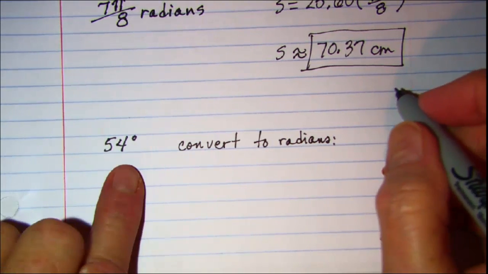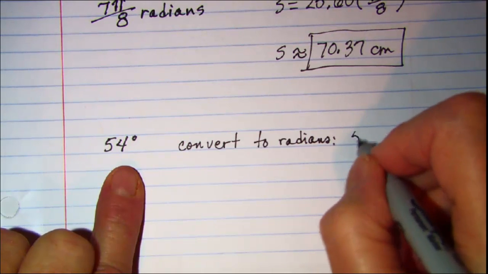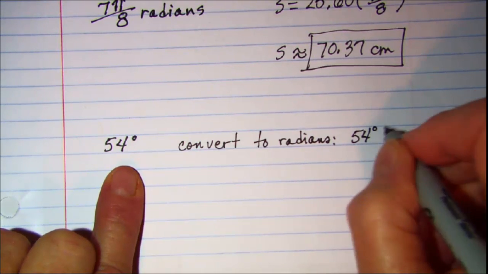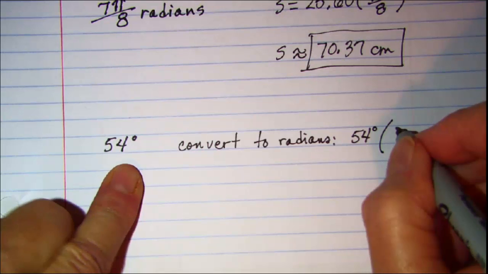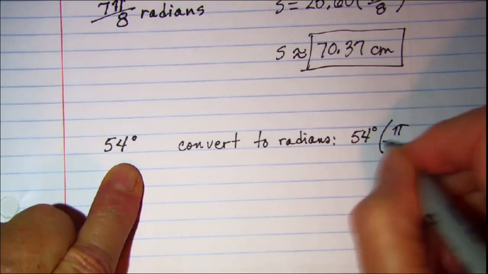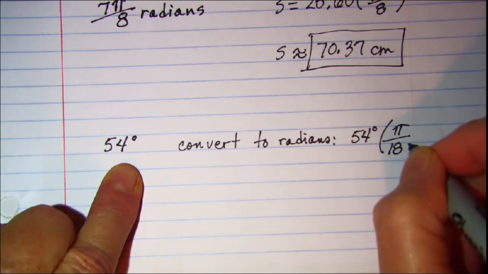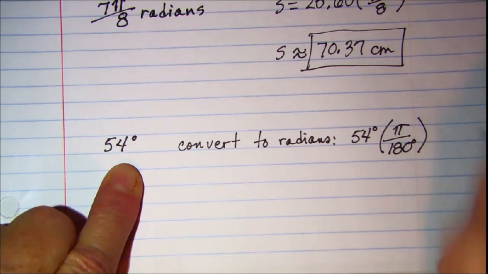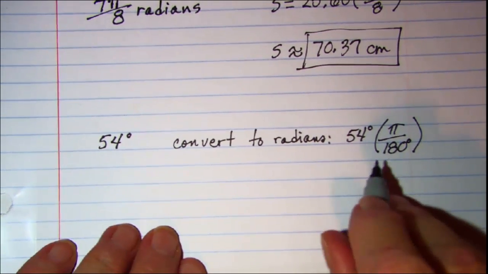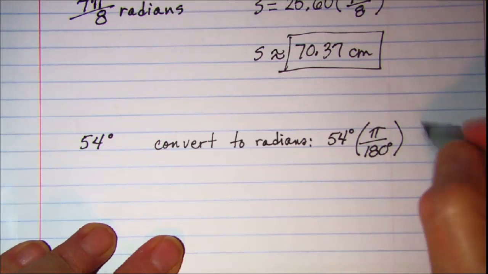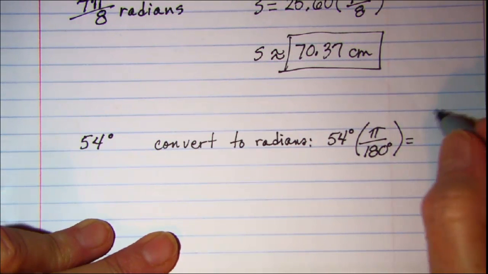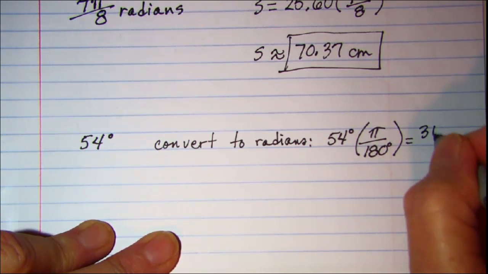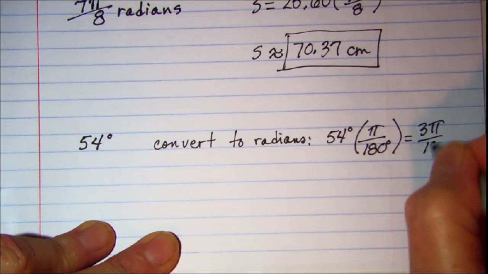And we do that by multiplying our 54 degrees by pi radians over 180 degrees. This is basically unit multipliers. So that gives us 3 pi over 10 radians.